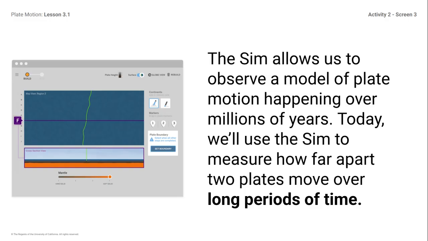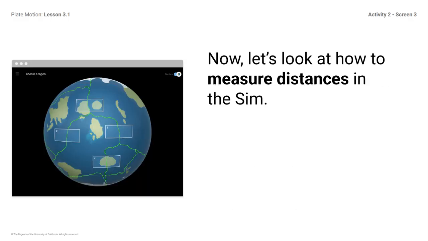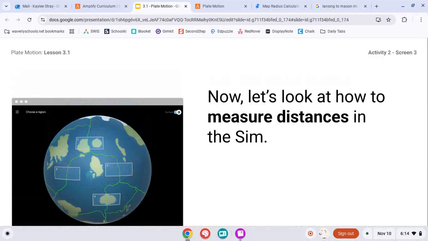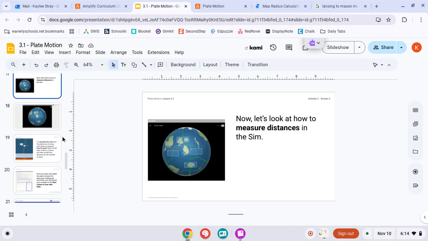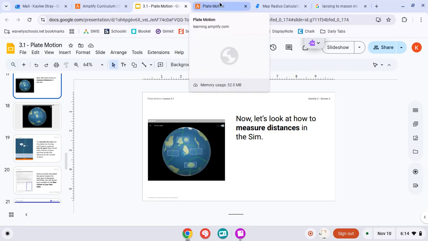Today we're going to use the simulation to measure how far apart two plates move over long periods of time, using a GPS tracker that is in the simulation. Now we're going to look at how to measure distances in the simulation. I am going to do this all on my computer, and we're going to talk about how to calculate the rates.